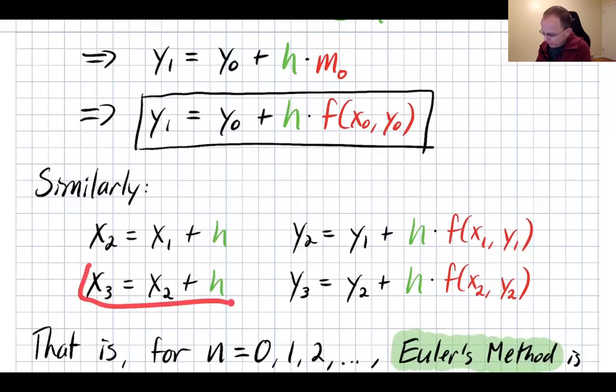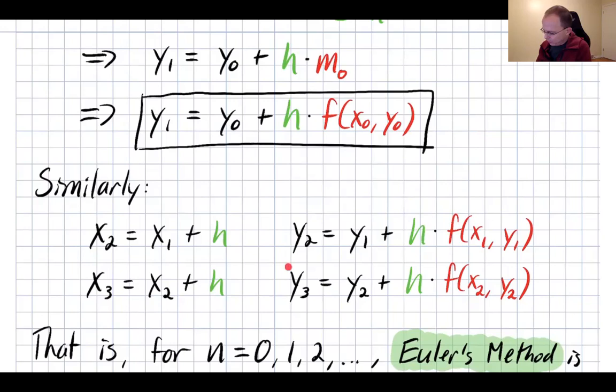And for x3, we take a step of h in the x direction. If we follow this tangent line, we'll go from y2 and move h times the slope at the point x2, y2, and that gives us our new y3 value.